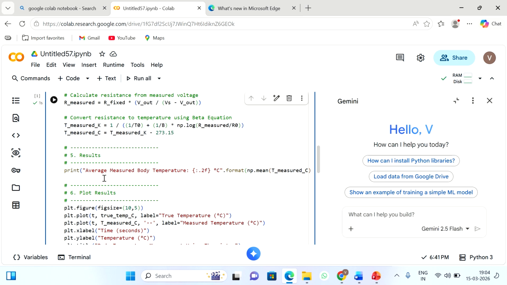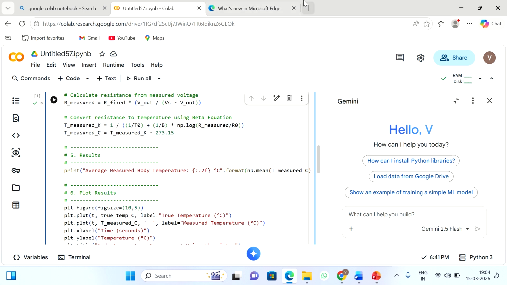It calculates the average measured temperature, and it displays the result with 2 decimal places. So beyond that it will round off. So in this example we are getting average measured body temperature equal to 37.01 degrees Celsius.